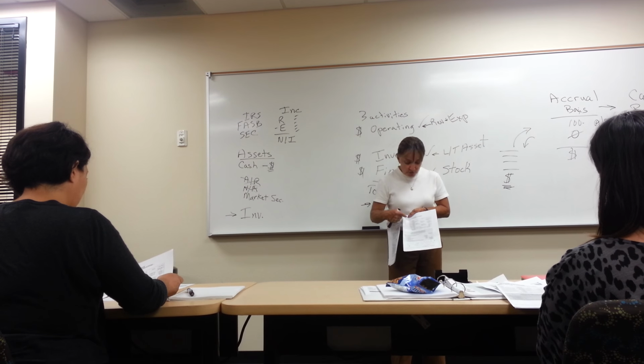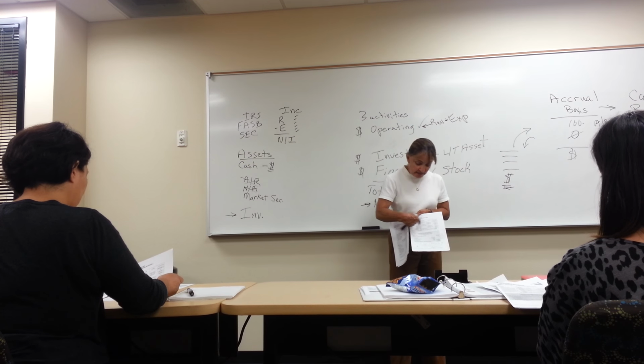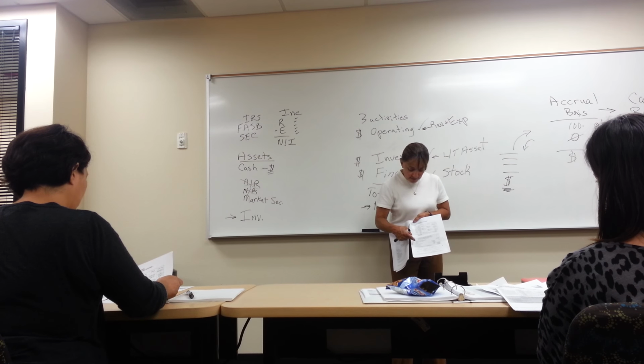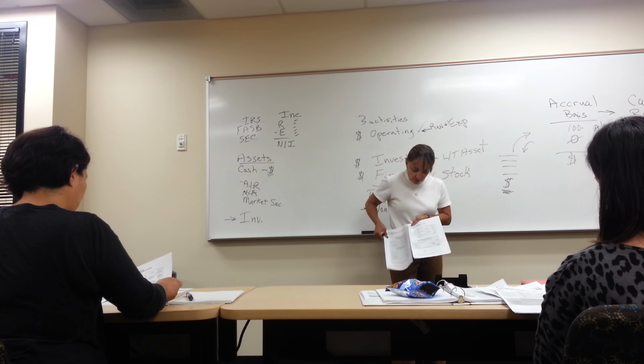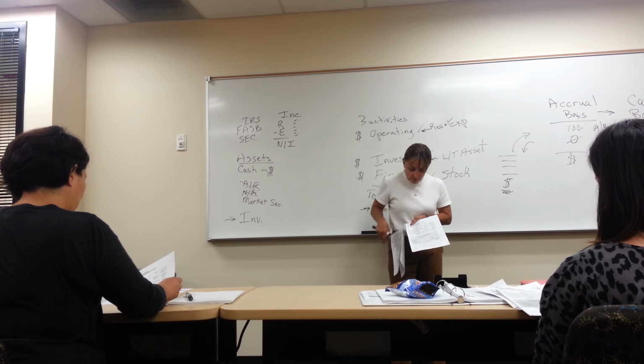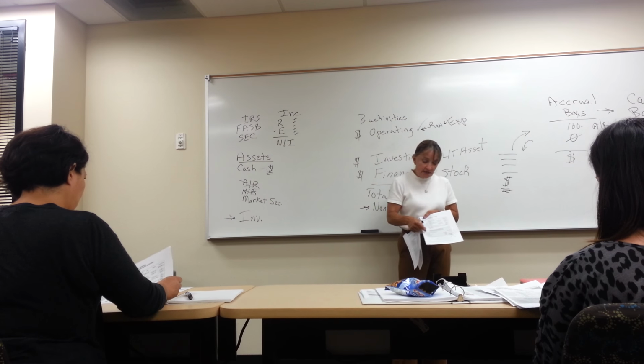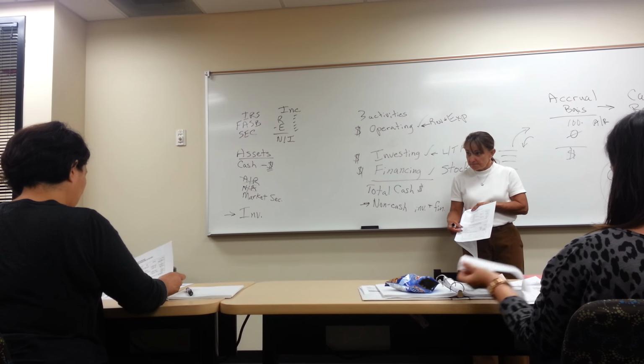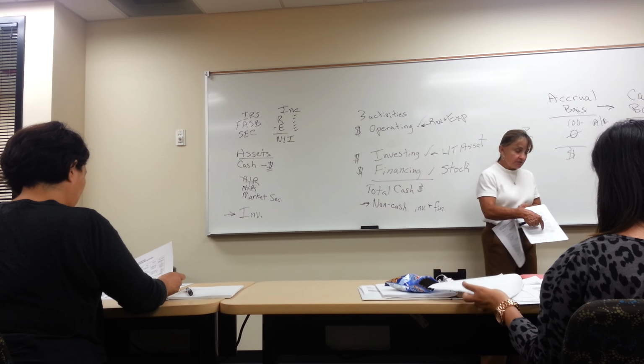But then what you do after this, minusing and deducting and adding, is then for this statement of cash flows, which is different than the other one, they group in major classes or categories the like dollars.